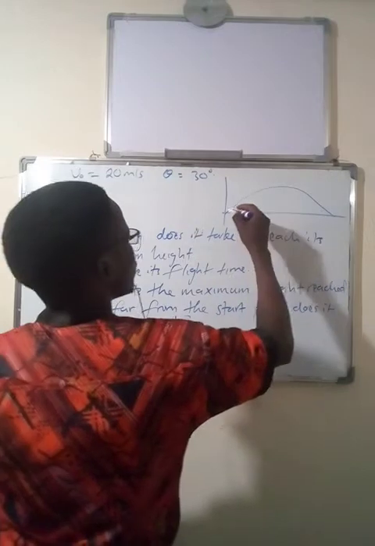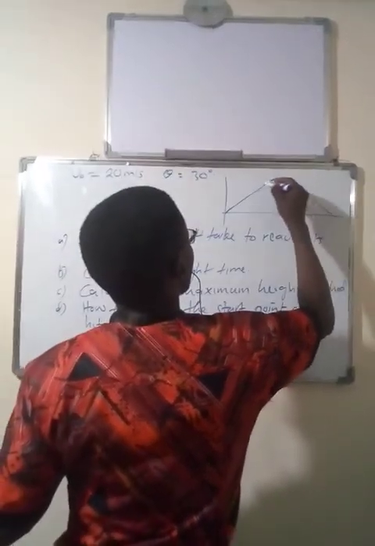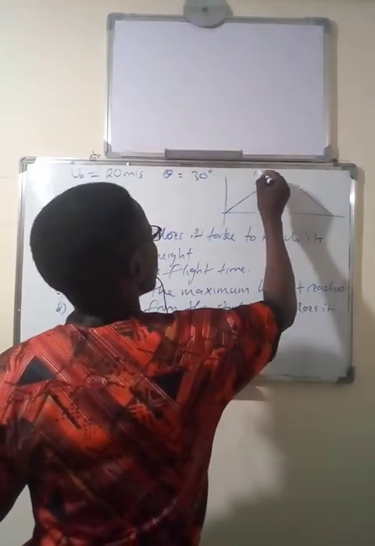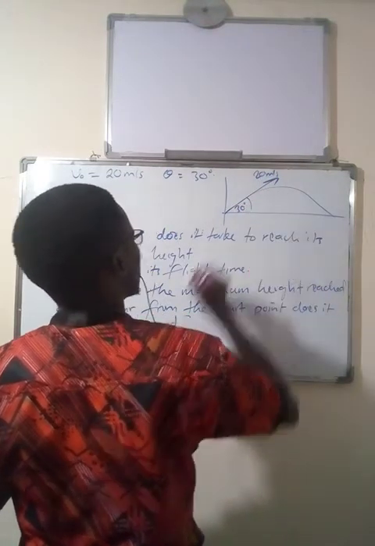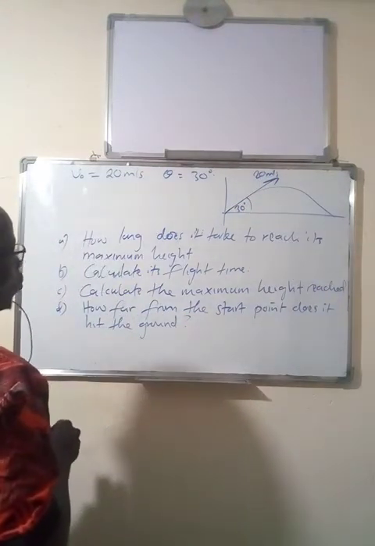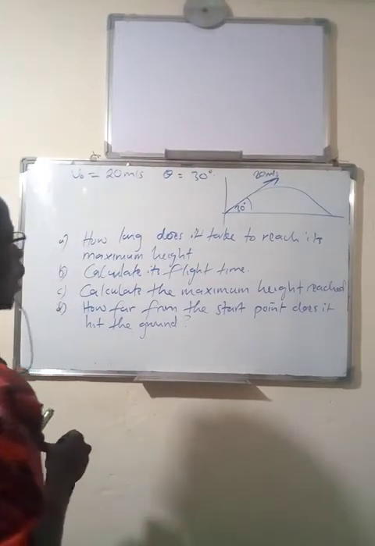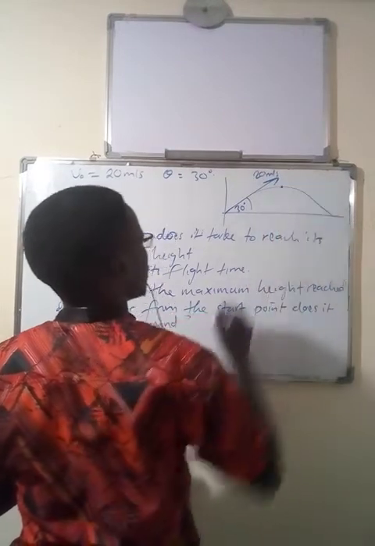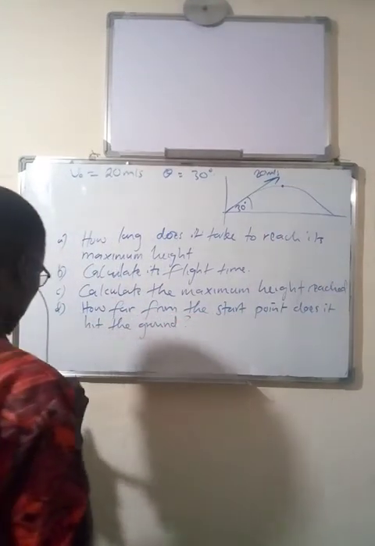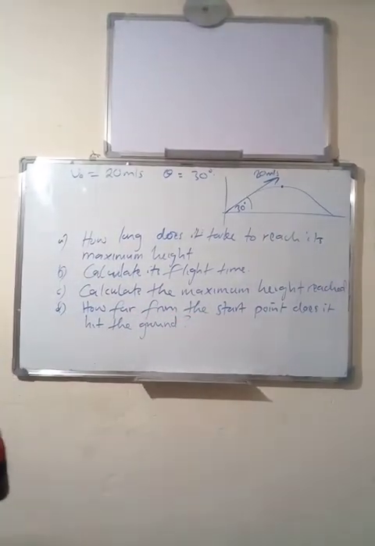The particle starts off with a velocity of 20 meters per second at an angle of 30 degrees. So we want to find how long it takes to reach the maximum height.